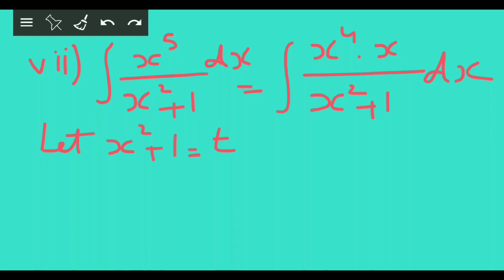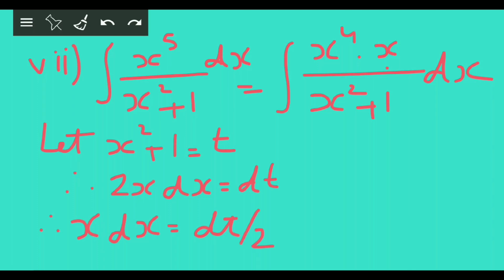and therefore differentiating both the sides, we get 2x dx as dt. Now observe the question. In the question the term is x dx. So as a result we write here x dx is equal to dt by 2. Also note down that x square plus 1 is t.